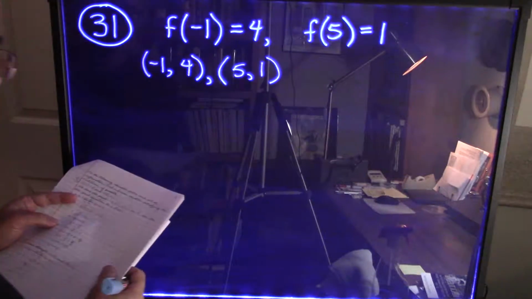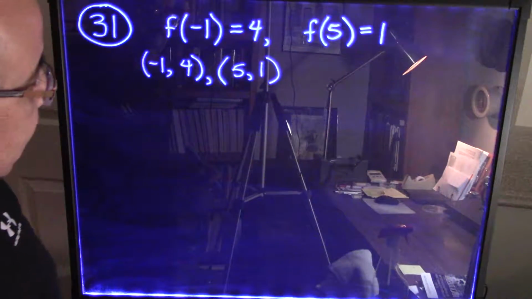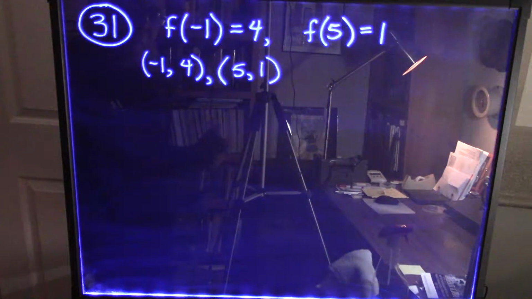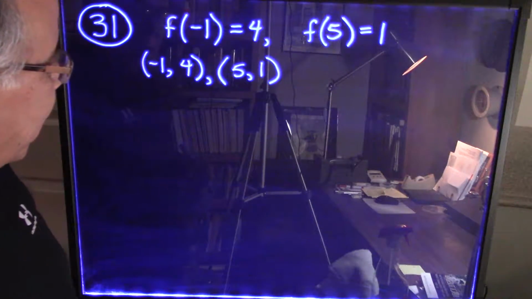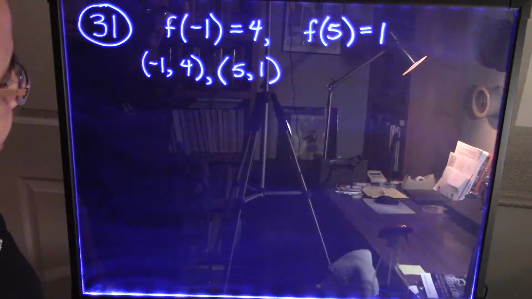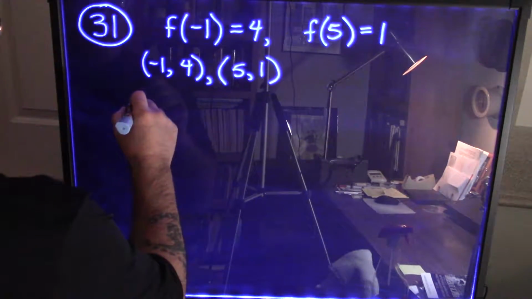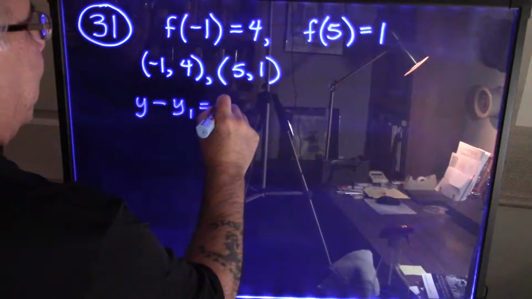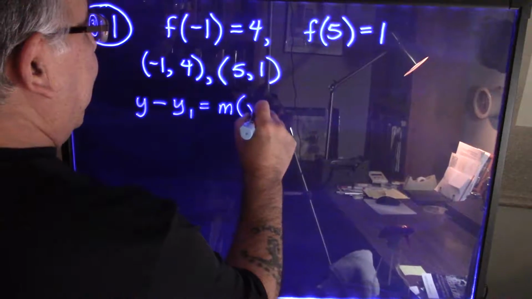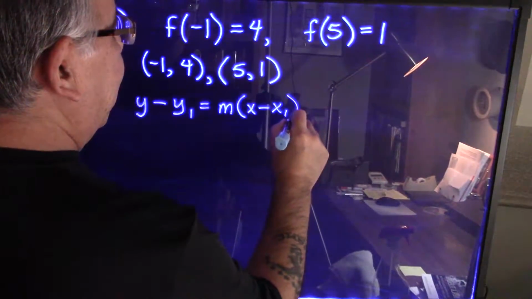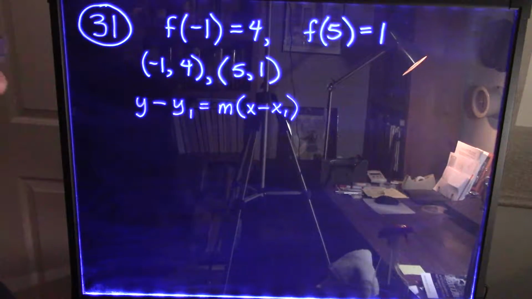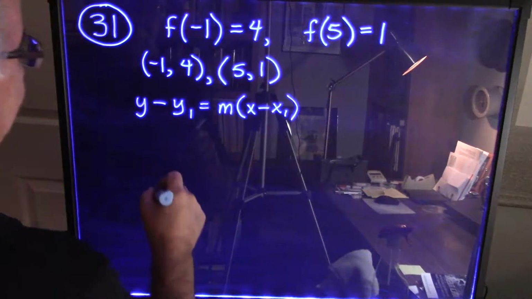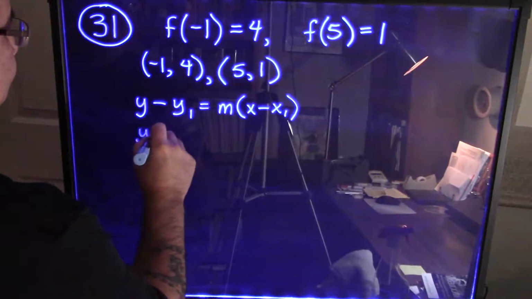Which means we can use the point-slope equation and get the slope, or we could put it all in one equation. You have y minus y1, there's the point slope, equals the slope m times the quantity x minus x1. M is y2 minus y1 over x2 minus x1, so you could put that right in this equation, and so it's all there for you.